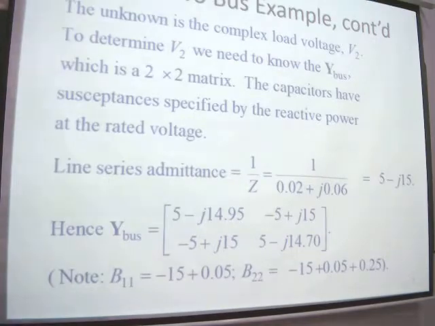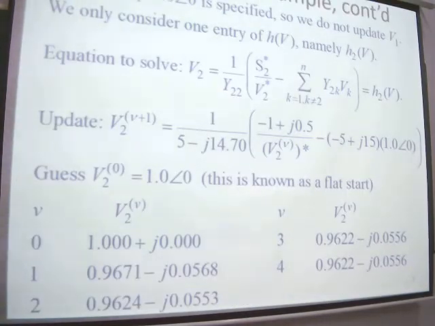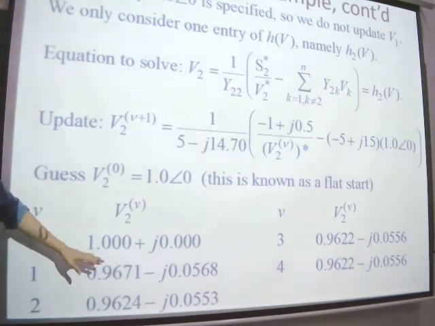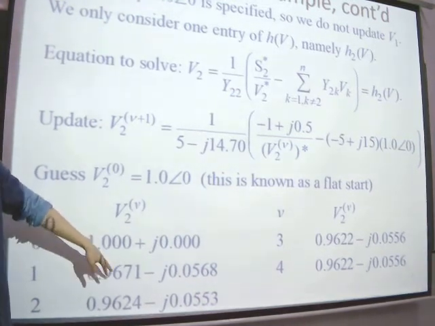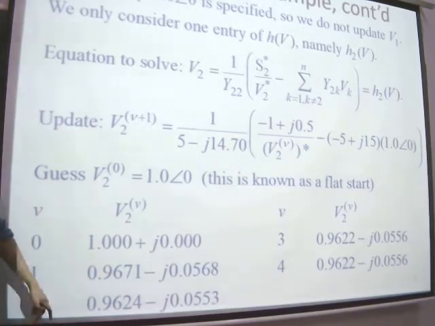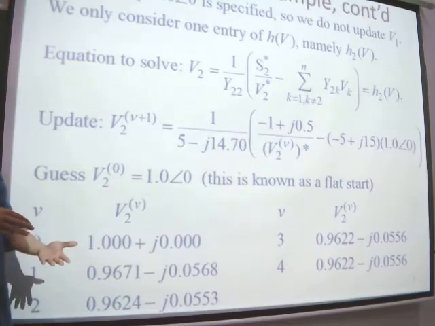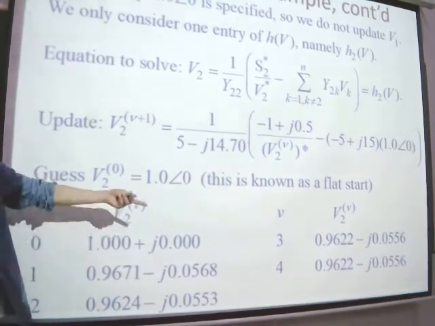When I give this V equal 1, my answer is 0.9670 and minus 0.05682. This is an approximate value, so you can use your calculators to repeat 5 times, and you can get the answer.